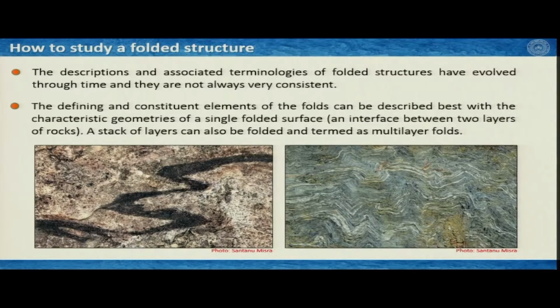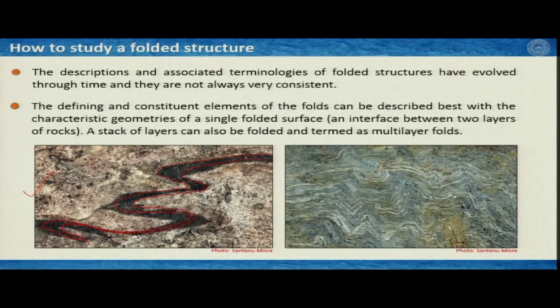This is the example given in this photograph. You can see that in this granitic matrix we have a black layer which is defining the fold. On the other sides we do not have any other layers to interfere with this fold. So, if we study this folded layer, then we can figure out the deformation of this area.